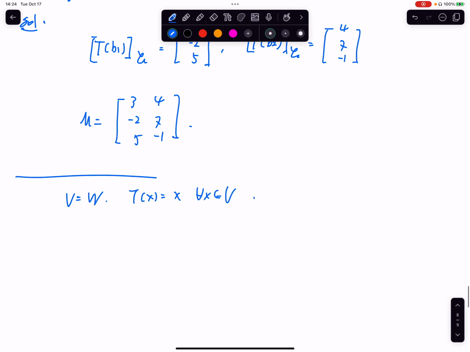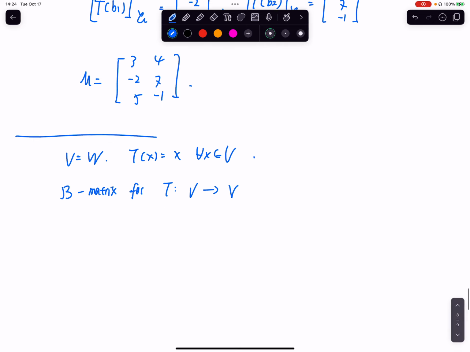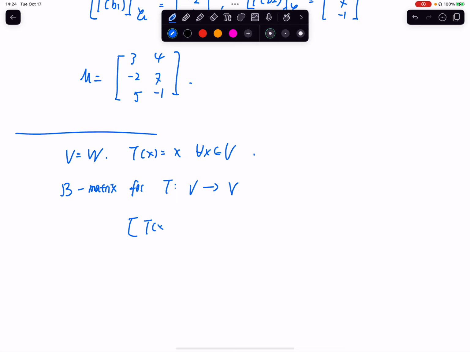So the B matrix for T from V to V satisfies [T(x)]_B equals [T]_B times [x]_B. This holds for all x in V.